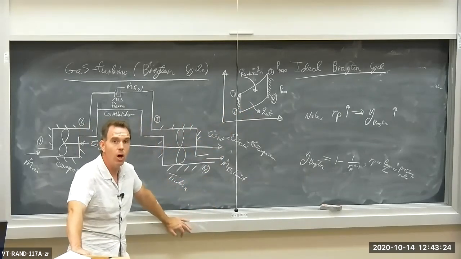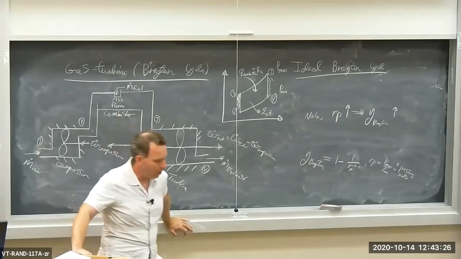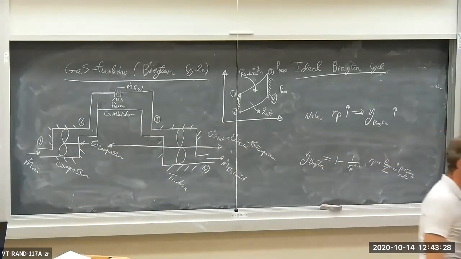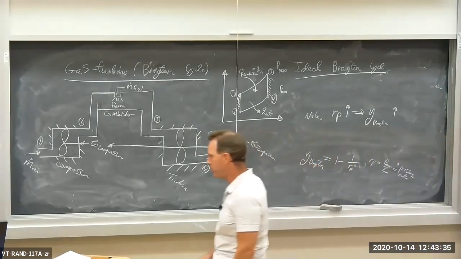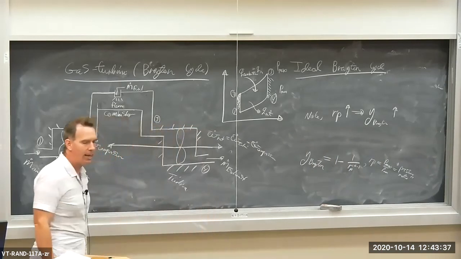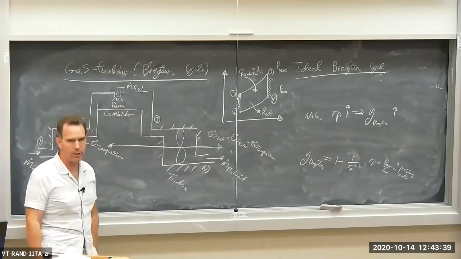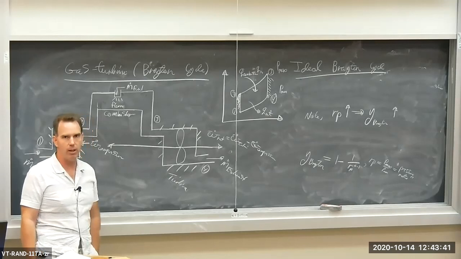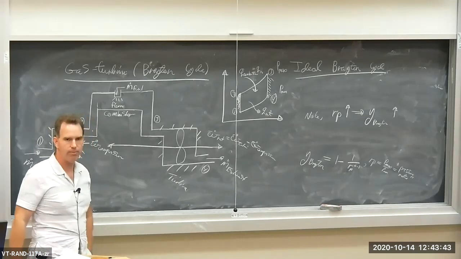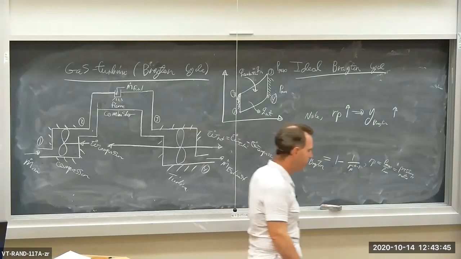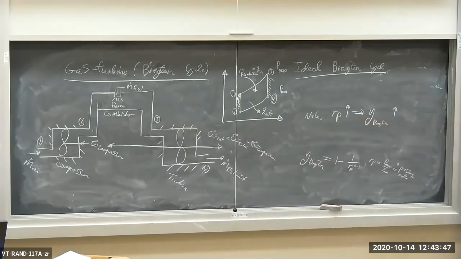The answer is almost nothing changes. The only difference is you'll have a CP instead of a CV at some point when you calculate the heat addition. The CPs and the CVs cancel out and you get exactly the same expression, the exact same development for deriving the efficiency of the Brayton cycle as for the Otto cycle.